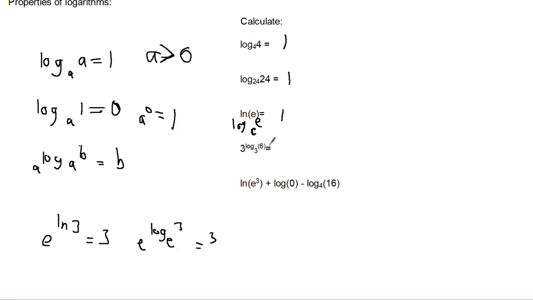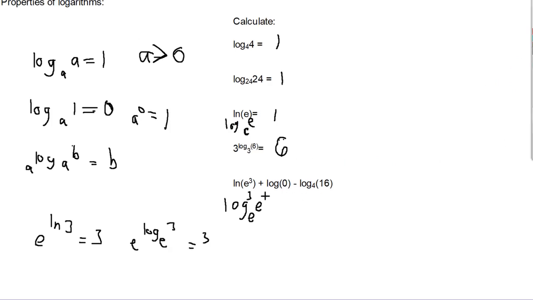3 to the log base 3 of 6 is 6, because it's taking a power to the same base log. ln of e cubed, well, we've already established that log base e of e is equal to 1, so log base e of e cubed is 3, plus log of 1. Sorry, I said log of 0, that's wrong, it's supposed to be log of 1.